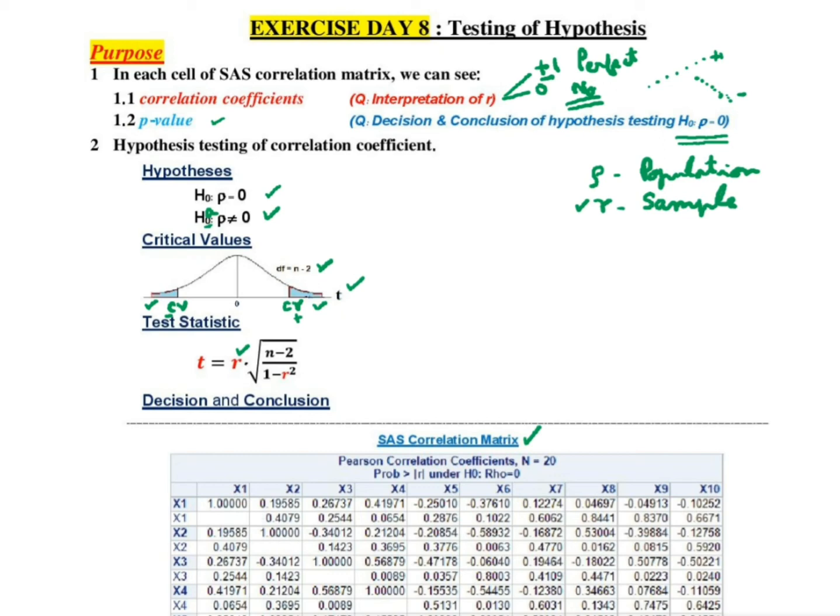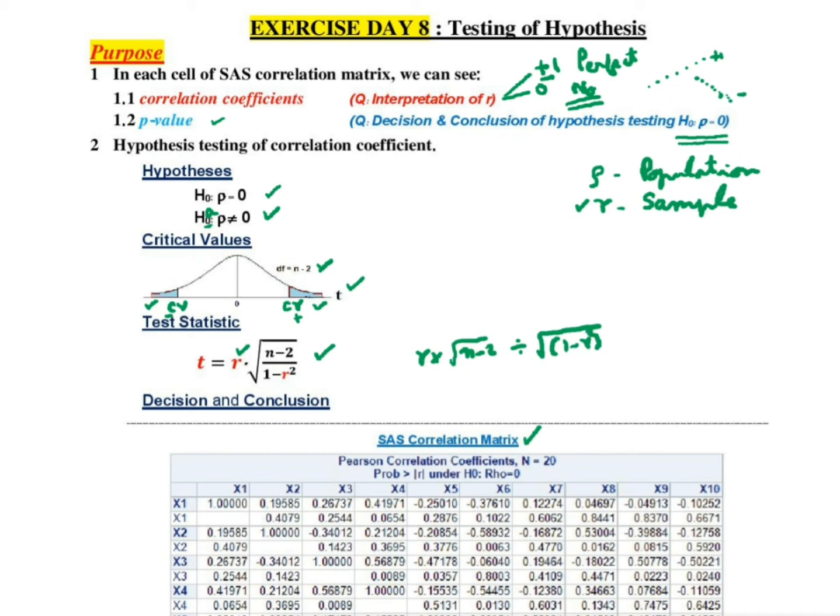To compare exactly, you have to transform R value to standard T value by this formula. You have to remember this formula when you see it. You change R to T, so you have to learn calculator work. You can also compute like this: R times square root of m minus 2 divided by square root of 1 minus R square.